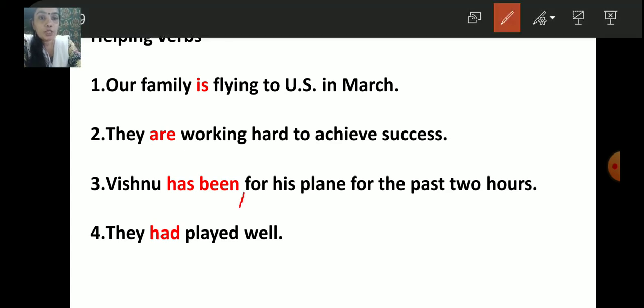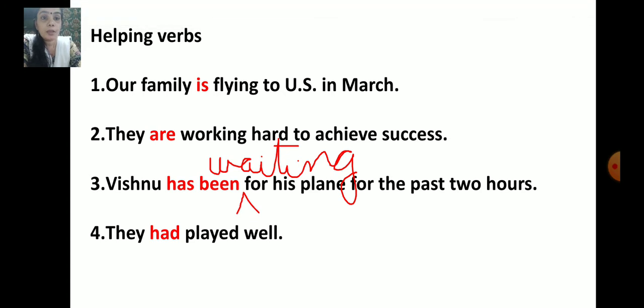So Vishnu has been waiting, W-A-I-T-I-N-G, for his plane for the past 2 hours. Number 4. They had played well.